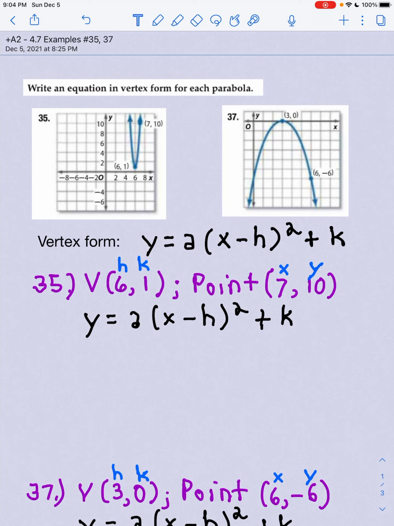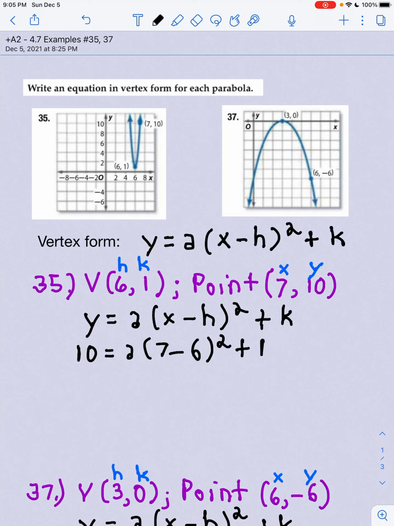So what I'm going to do is plug into my vertex form with 10 for the value of y. A is unknown, that's what I want to find. For x, I'm plugging in 7. That's the coordinate for the given point, minus h, which is the x-coordinate of my vertex, plus k, which is the y-coordinate of my vertex.